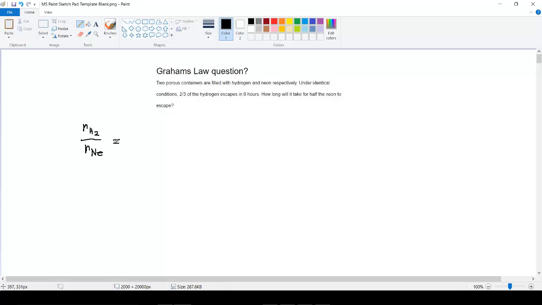That will equal the square root of the molar mass of neon divided by the molar mass of H2. And the reason that this is reversed is because this is an inverse law in this case.